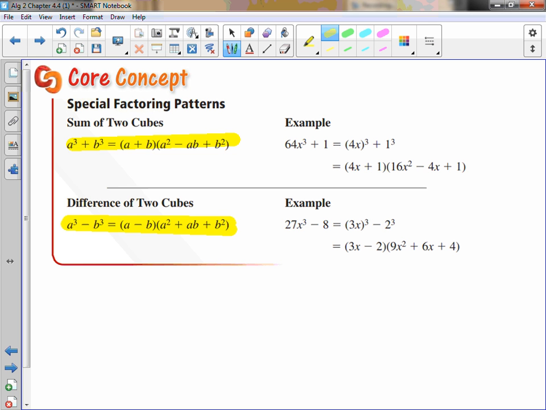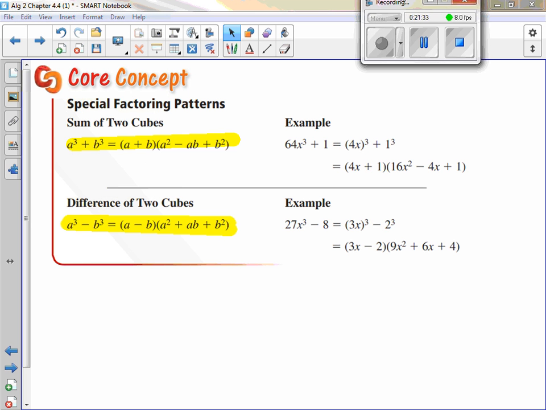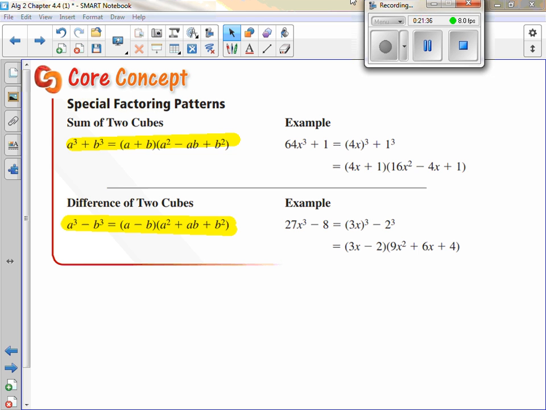The difference of perfect cubes, a cubed minus b cubed equals a minus b in parentheses times a squared plus ab plus b squared. Do y'all have this copied down? Yes, okay.